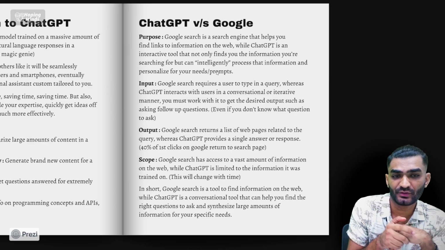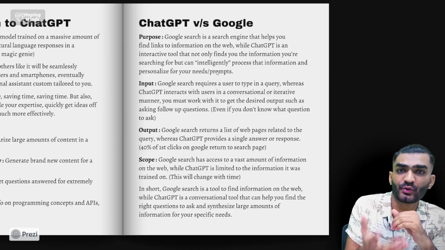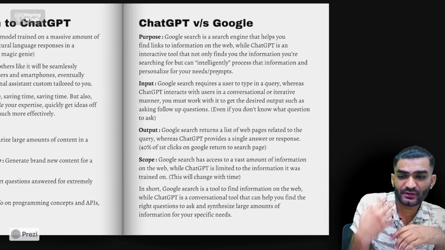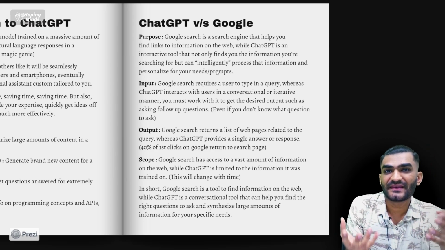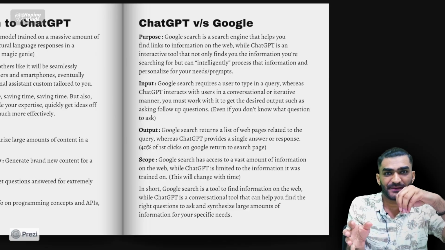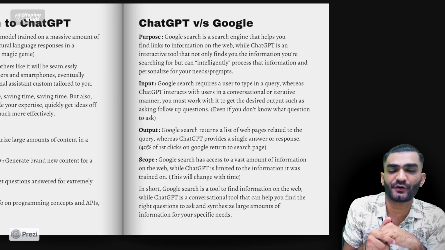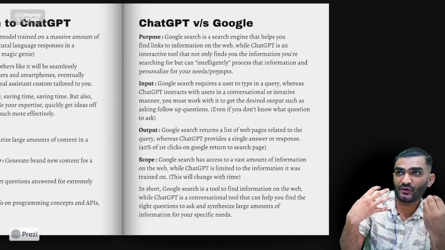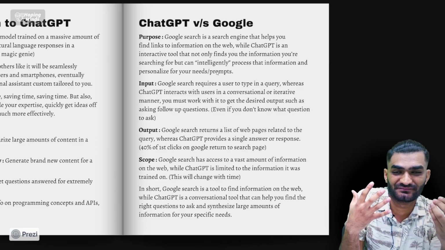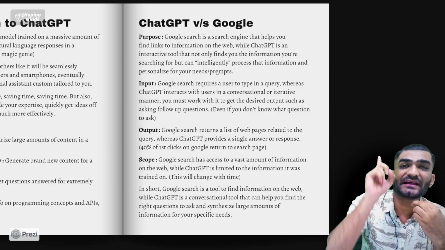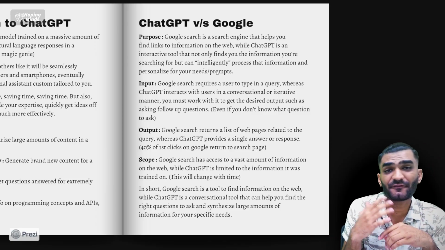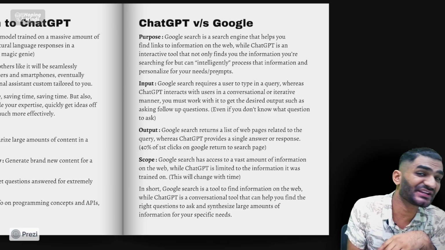Then it comes to output. Google just takes my query string and leaves me in the middle of an ocean of links, where I myself have to find which is the right link for me. But of course, that is not the case with ChatGPT.